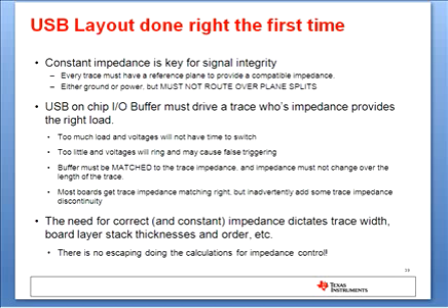One thing you may not be aware of is that the need for correct and constant impedance dictates trace width, board layer stack thickness, and stack order. It's best to take the extra time to do the calculations for impedance control to avoid potentially spending weeks debugging a layout issue.